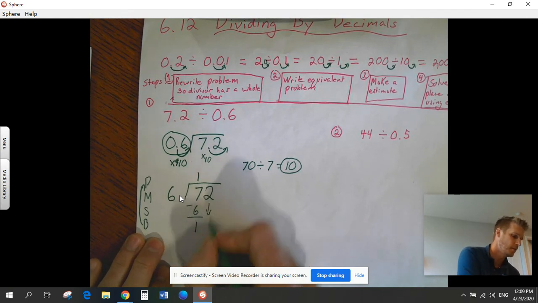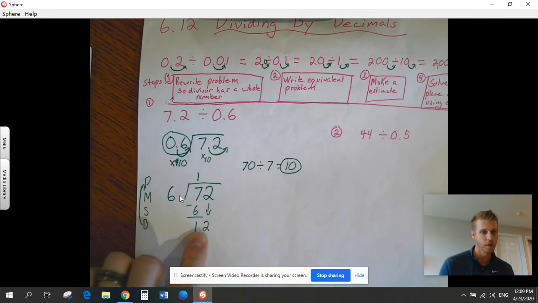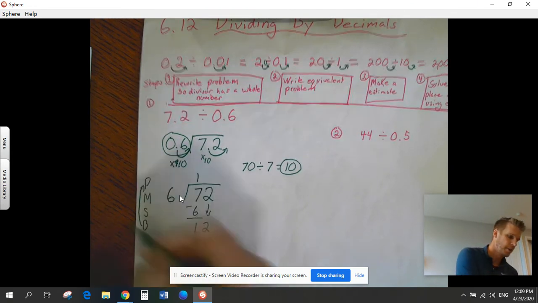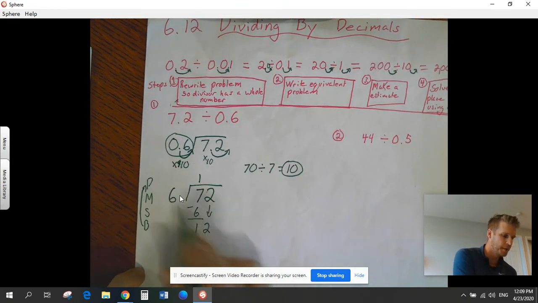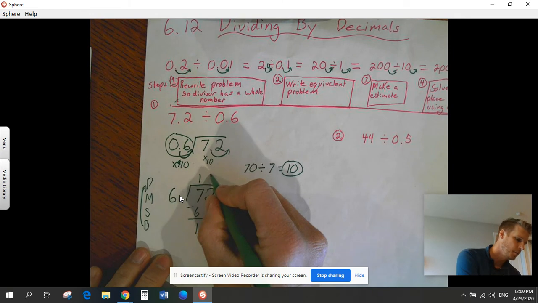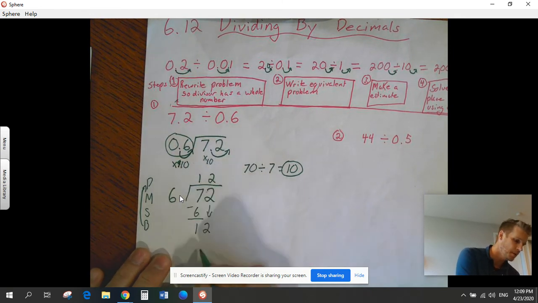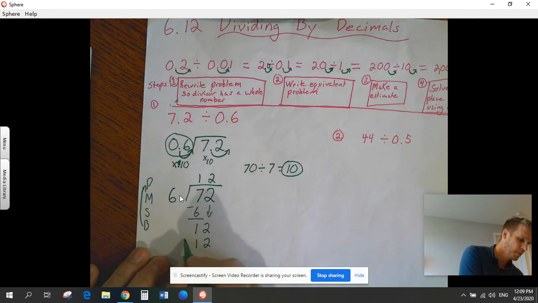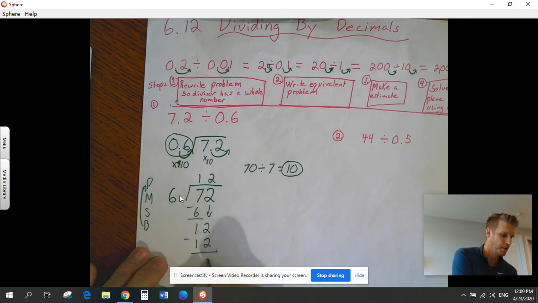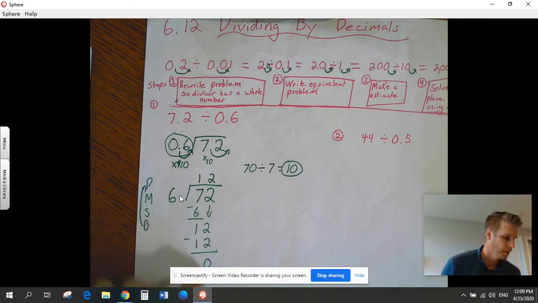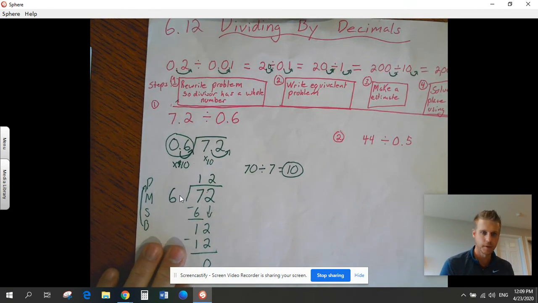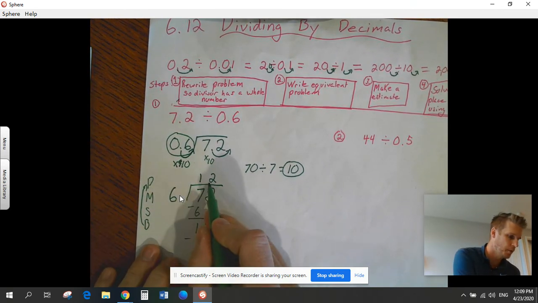Bring it on down, and we have 12. Okay, so now we've got to bring it on back. We're dividing 12 by 6. 6 will fit in there 2 times. 6 times 2 is 12. 12 minus 12 is 0. And we have no remainder, which makes it nice. So our answer is 12.